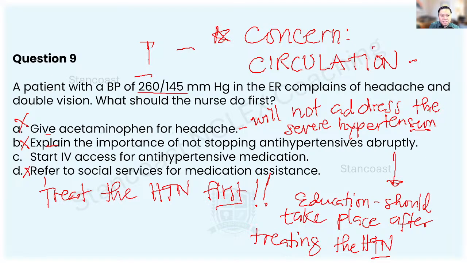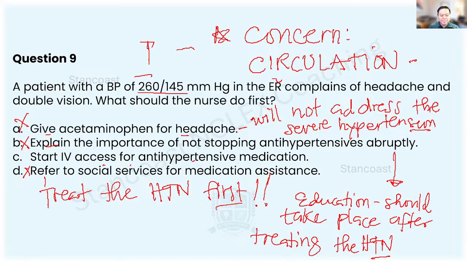You need to deal with this because the other problems like headache are just symptoms that can go away once you treat the exact cause, which is actually the elevated blood pressure. All right. So make sure you treat the problem in the circulation. Make sure that there is vasodilation so we can resolve the other problems. All right. Start IV access for antihypertensive medication.